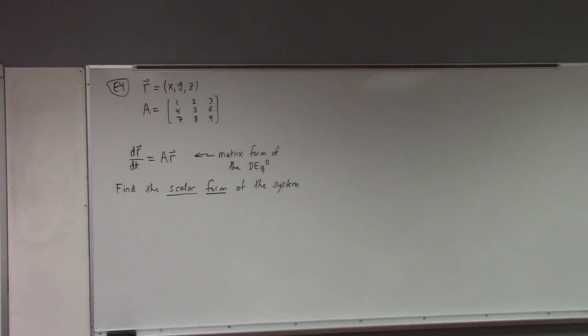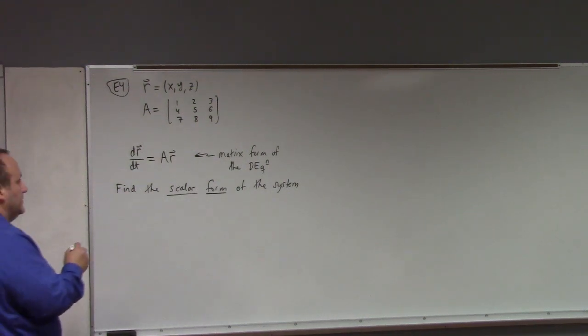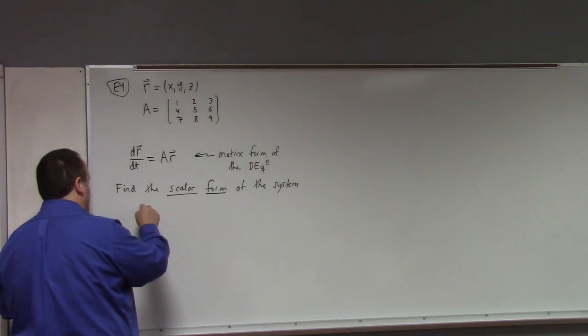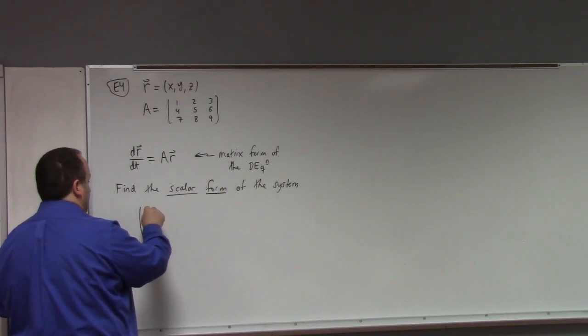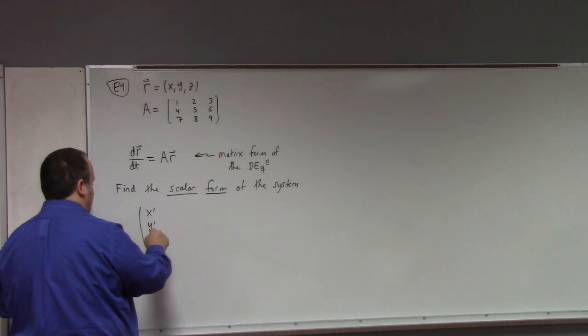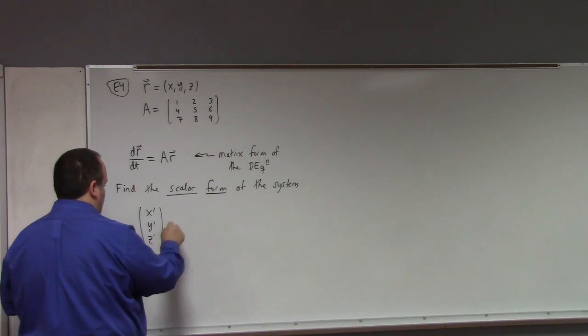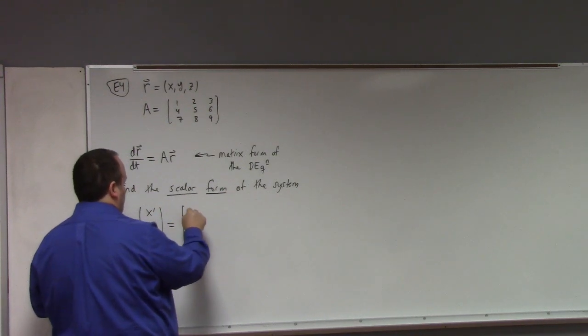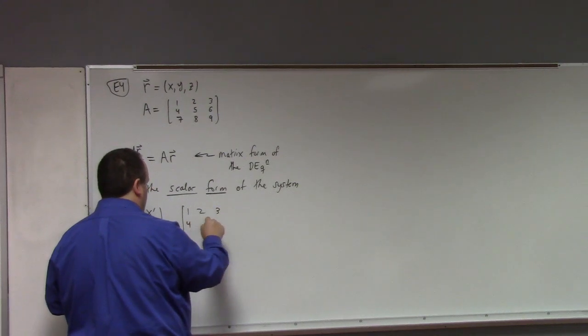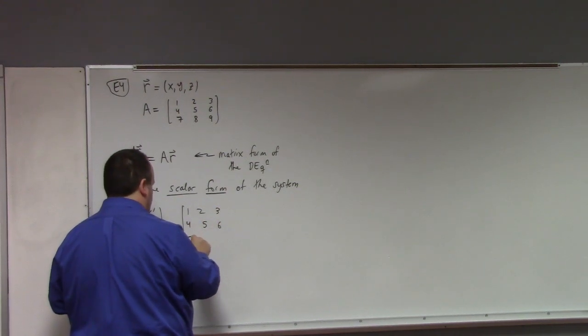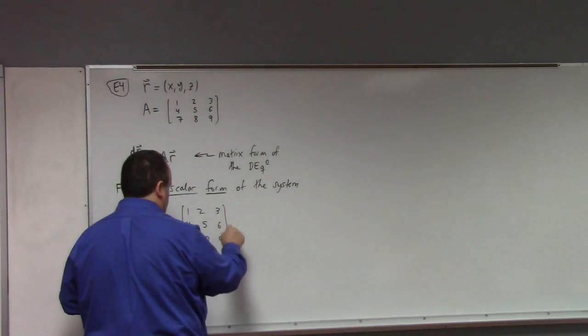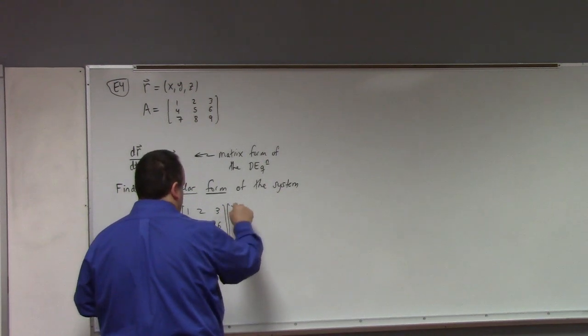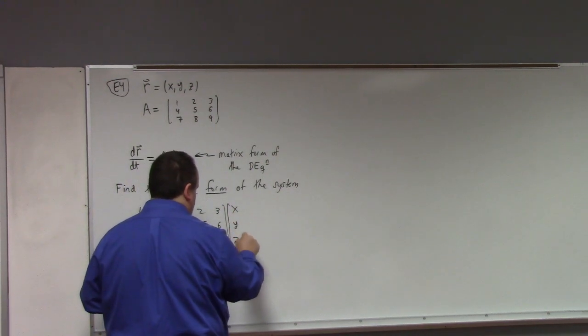Start with the matrix form, convert to scalar form. So what do we got here? We've got x prime, y prime, z prime equal to 1, 2, 3, 4, 5, 6, 7, 8, 9 times the column vector x, y, z.